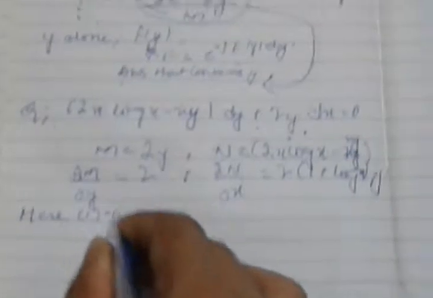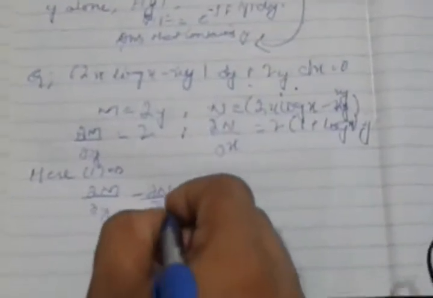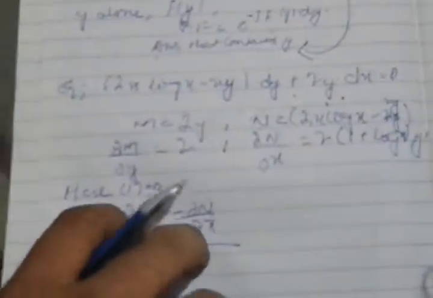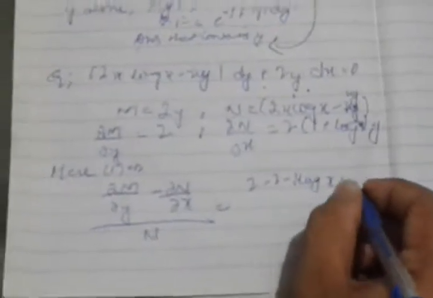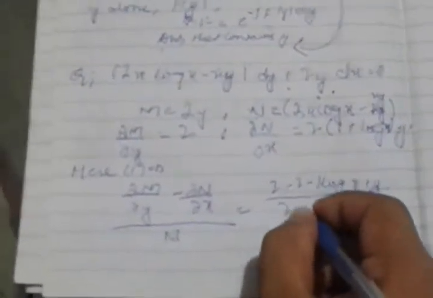Okay, now performing rule number 1, (∂M/∂y minus ∂N/∂x) over N. It will be 2 minus 2 log x plus y over 2x log x minus xy.